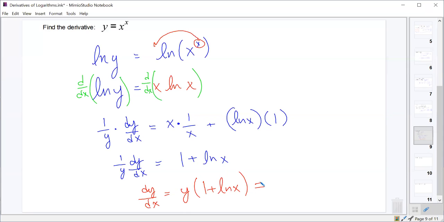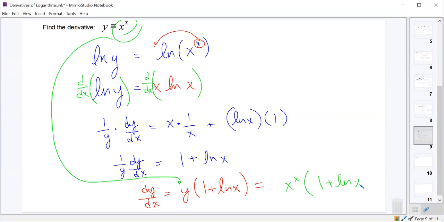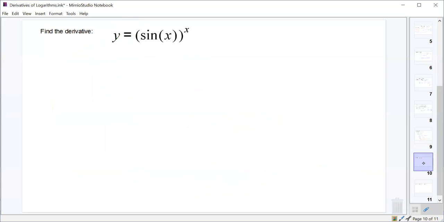Just substitute what y is right back in from the original. This becomes x to the x power times 1 plus ln x. Good or no? Good. Yeah. All right, let's do another one of these.